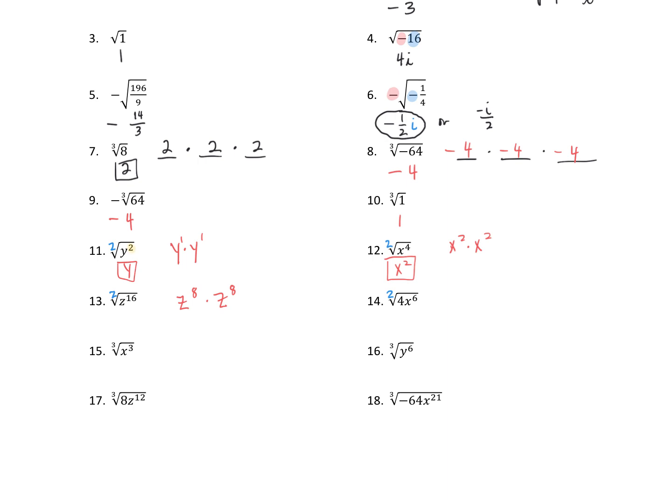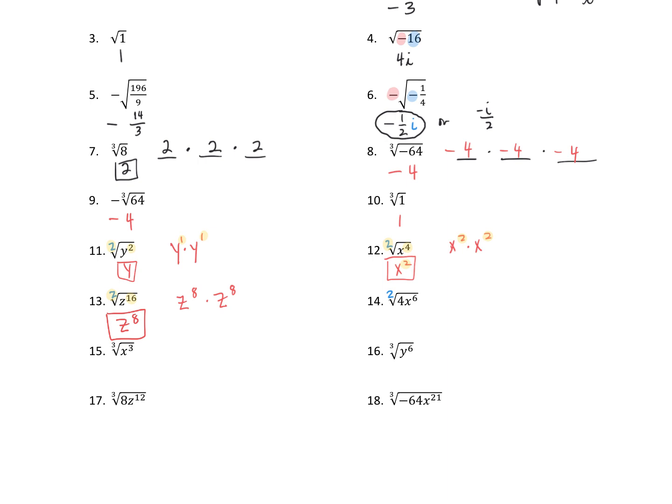Our exponent was 2, our index or root was 2, and we ended up with 1s. In number 12, our exponent is 4, our index or root is 2, and we ended up with 2s. So the answer was a 2 exponent. In number 13, our exponent was 16, our index was 2, and we end up with z to the 8th as our answer.